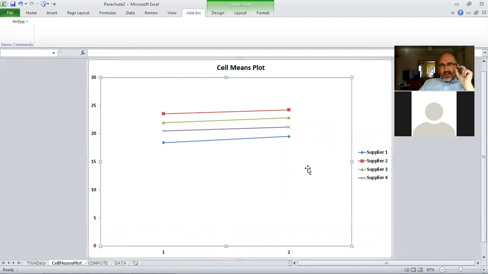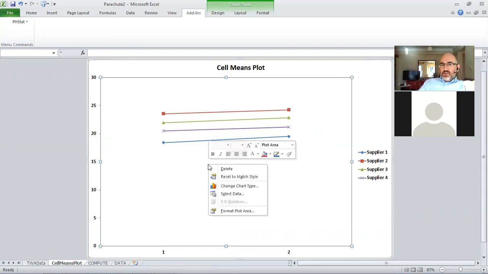Although there is a little bit of increase in the strength when you go from one type of loom to the other, that's not significant. And you can see it right here, but within the suppliers, the blue one is the lowest strength, and the red one, supplier 2, has the highest strength, and we can see that in the means plots, which is rather useful.